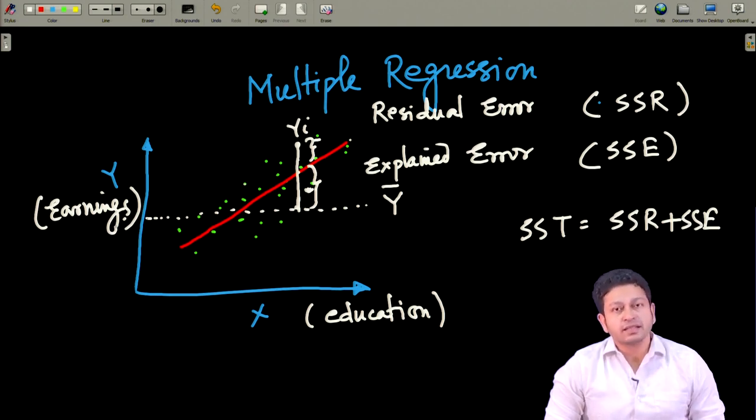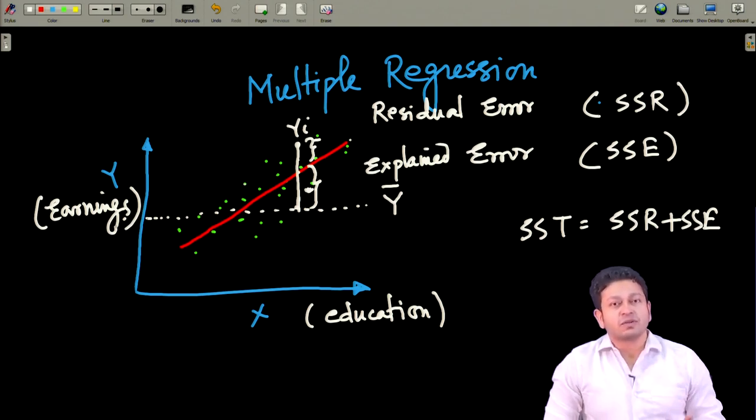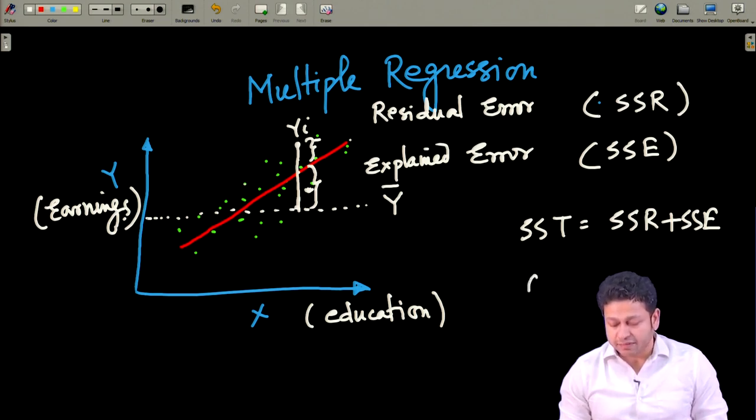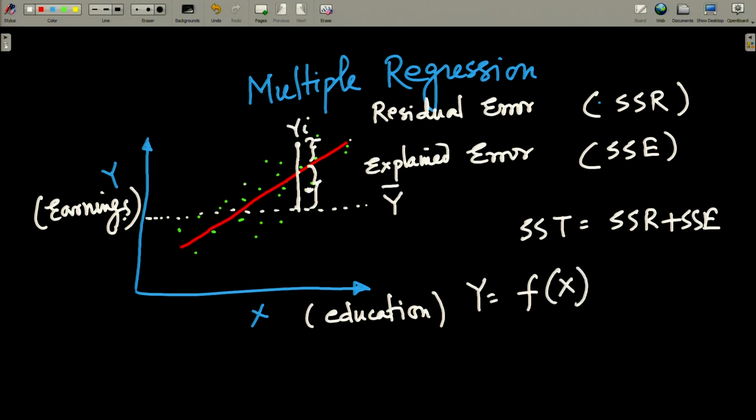So how do I capture the impact of other variables? Only when I consider more than one explanatory variable does it become a case of multiple regression. So here it's a simple regression, this one. Here we write y is equal to f of x, where x is education.